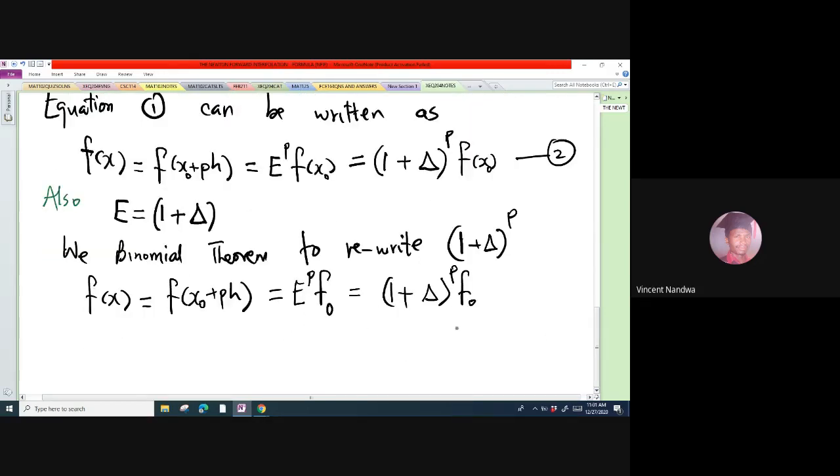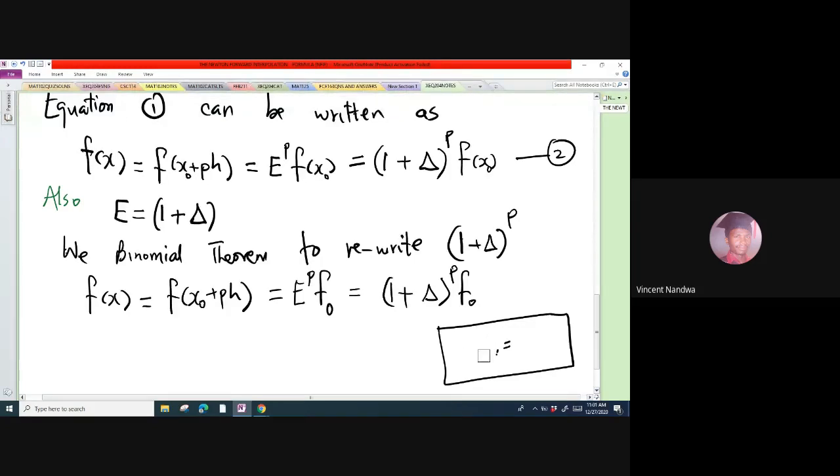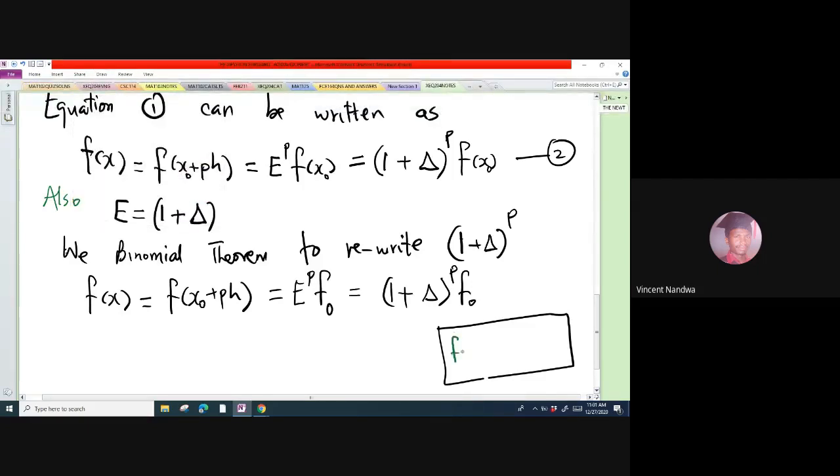We sometimes use the notation f of x subscript k is the same as f subscript k. So that's why f of x naught can just be written as f naught.